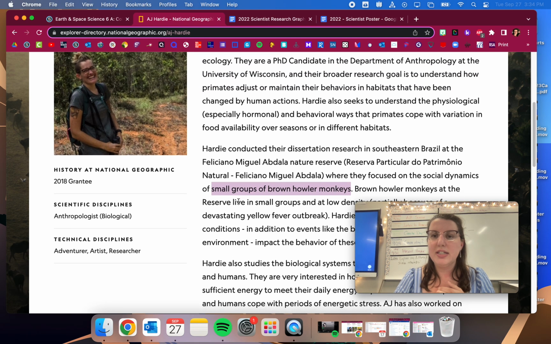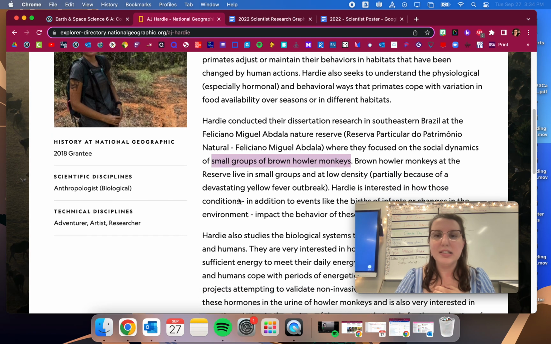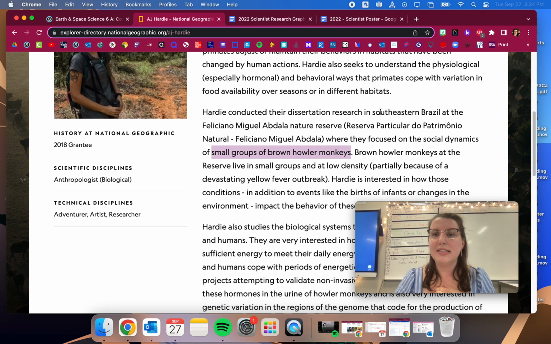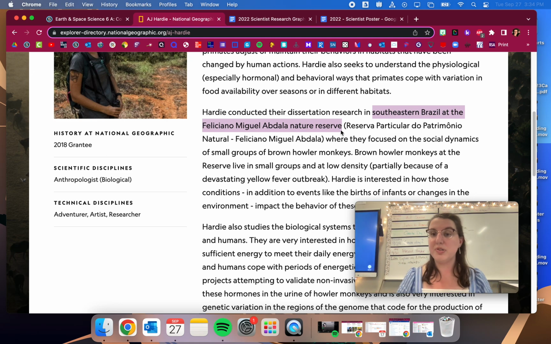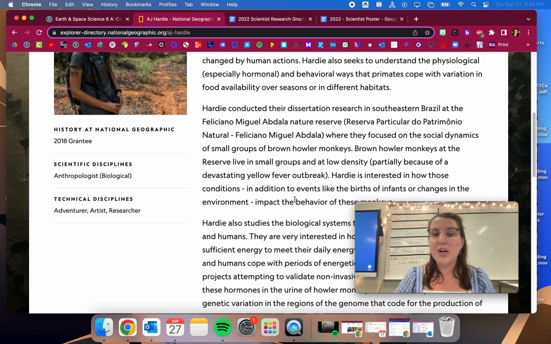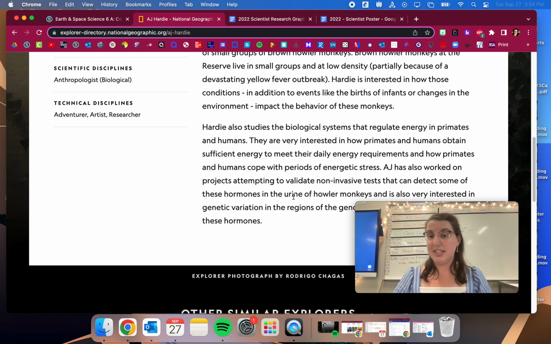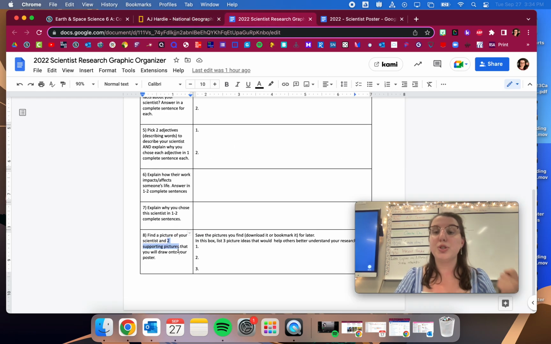If they conduct research in a certain spot, so like in southeastern Brazil at this nature reserve, you could draw a little picture of Brazil and a little arrow towards where in Brazil that might be. Or if there's a certain tool or equipment that they use, you could draw a picture of that tool or equipment.